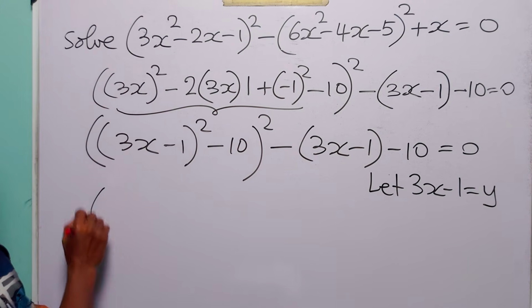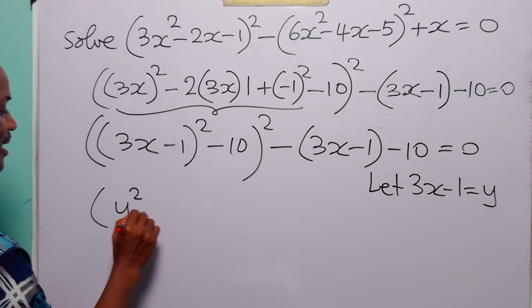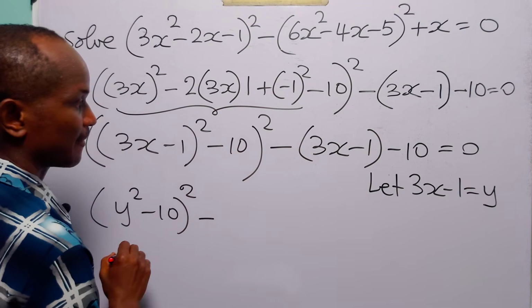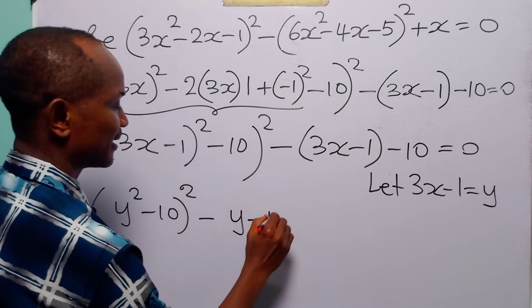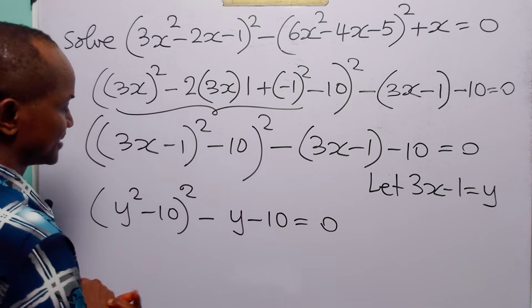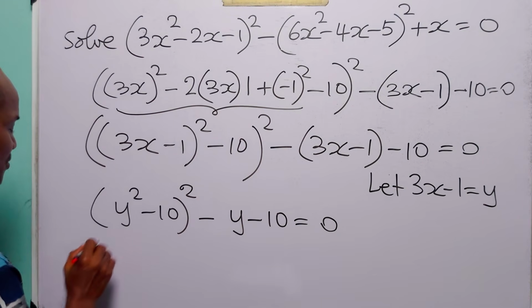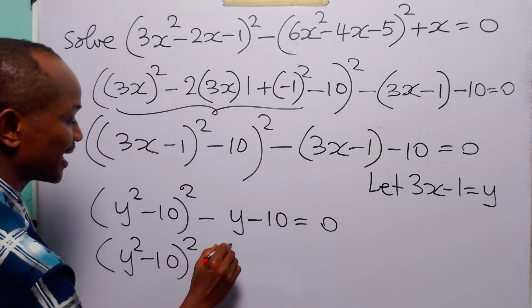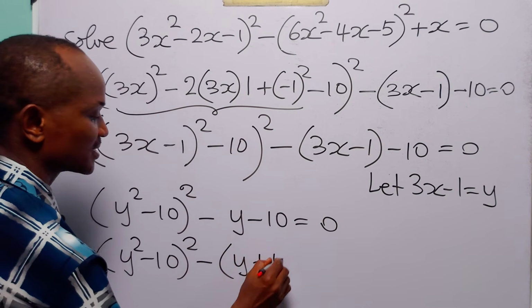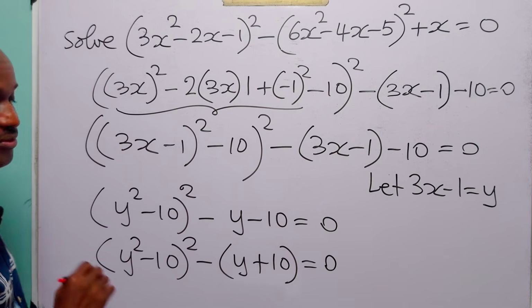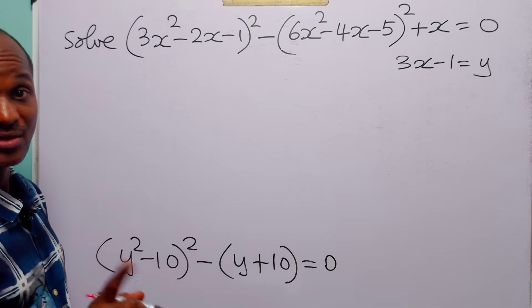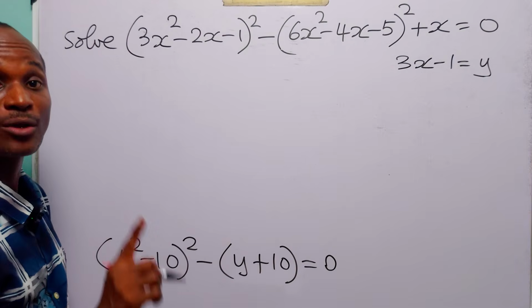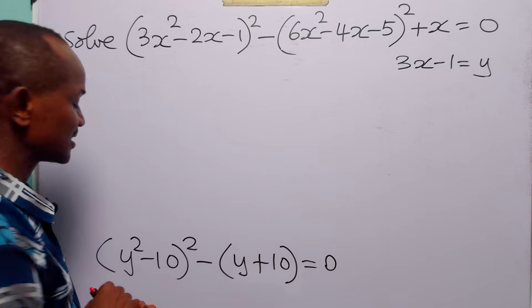That means that here we have y squared minus 10 squared minus y minus 10 is equal to 0. But of course, you know that we can also write this as y squared minus 10 squared minus (y plus 10) is equal to 0. And now the final step in this factorization is to add and subtract y squared minus 10 and 1 over 4 to the left hand side of this equation.